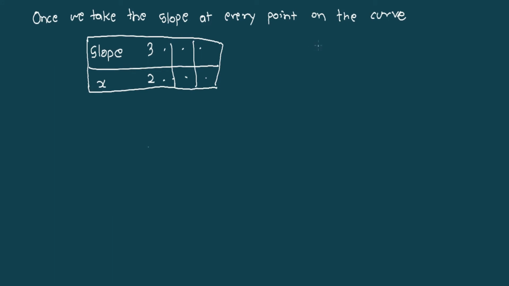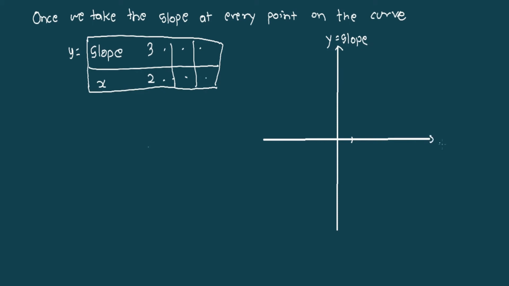Now what we do is, let's say that we again plot these points on a Cartesian coordinate system. So at x equal to 2, let's say that y is equal to the slope. This is the x. So at 2, y is equal to 3, and so on.